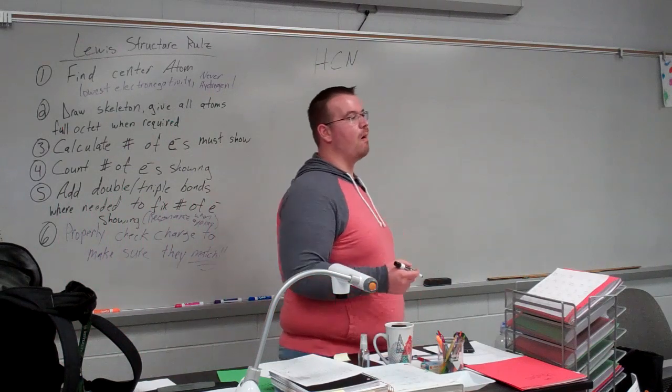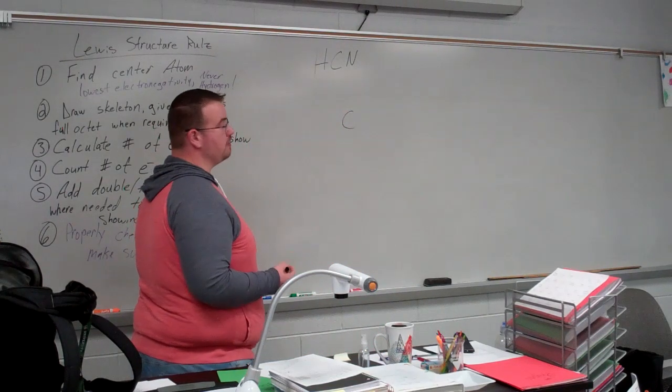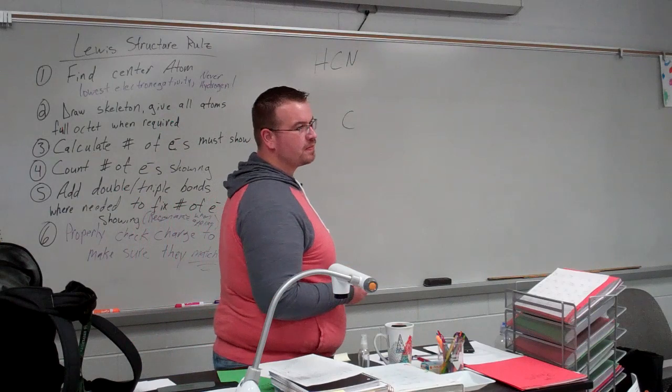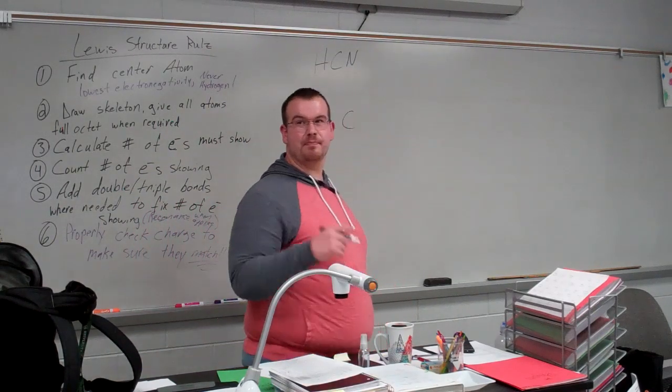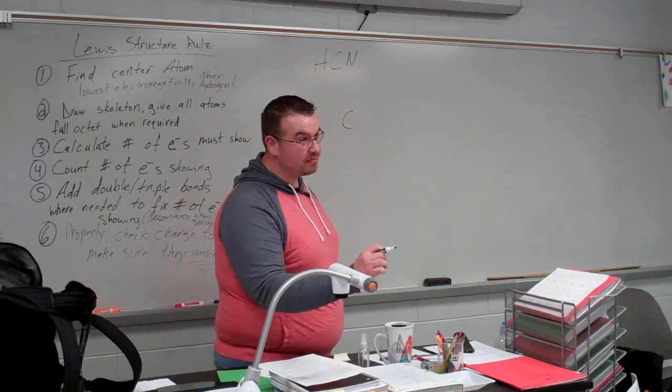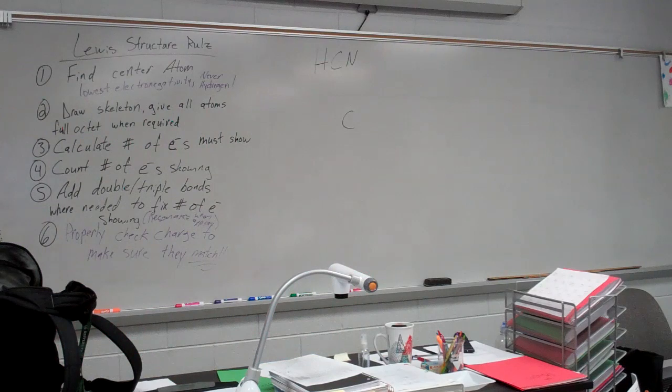So carbon could be before. It's not always in the middle, right? True, but normally you're going to see carbon in the middle. So you just look on the periodic table at the electronegativity number.